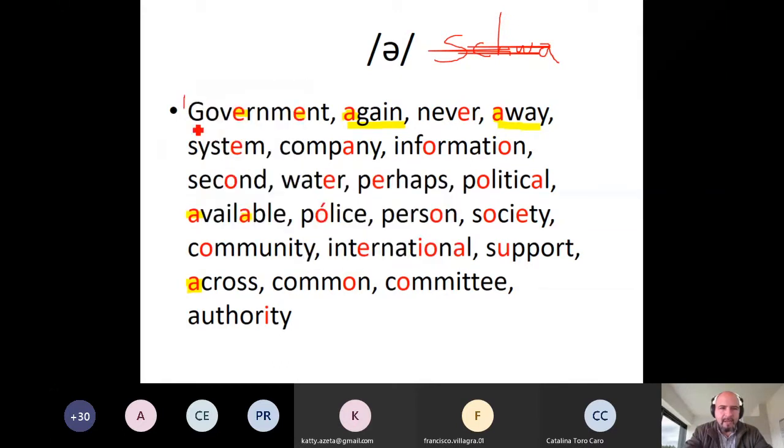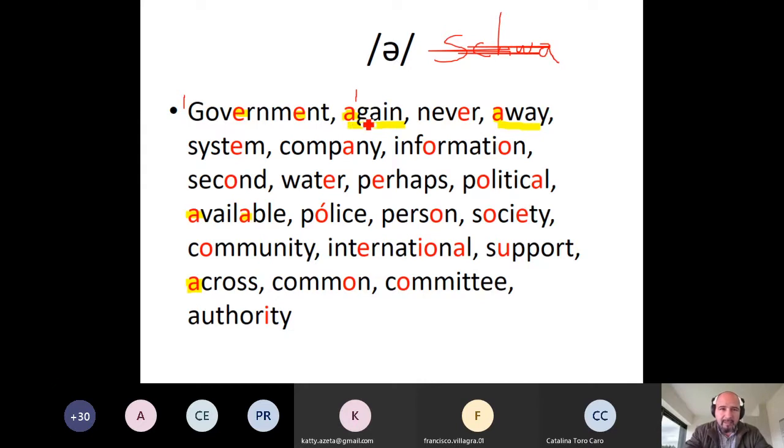So you will never find a schwa in a stressed syllable. You will always find a schwa in an unstressed syllable. For example, in the word again, the stressed syllable is the second one. In the first syllable, we can find the schwa, which is unstressed.